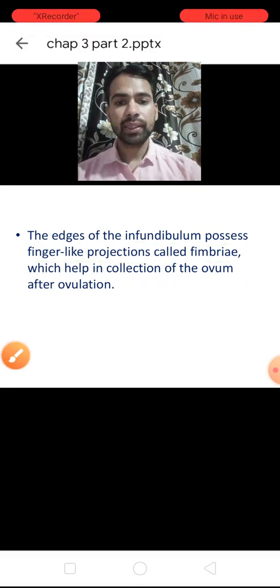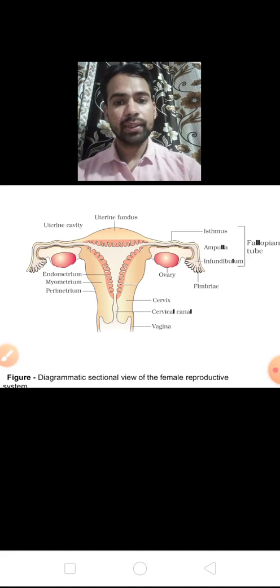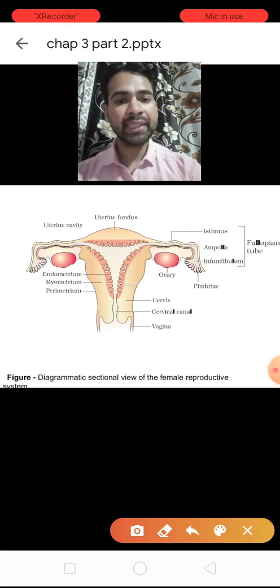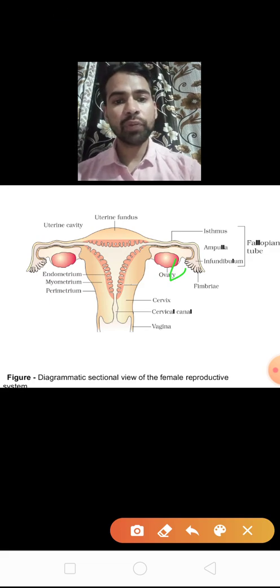Okay, same picture. Like the egg is released from this ovary, then it is received by the fimbriae.